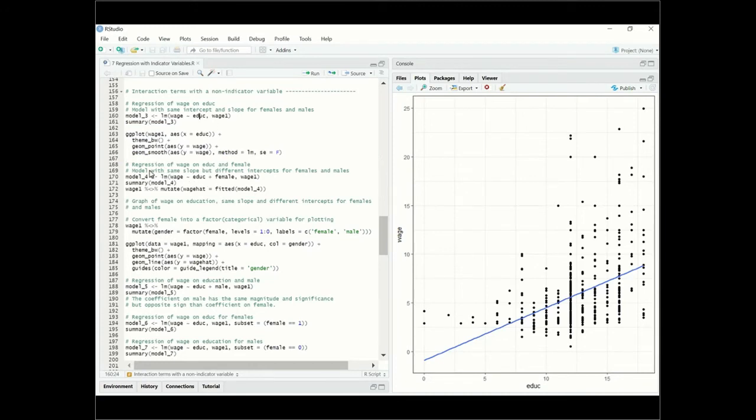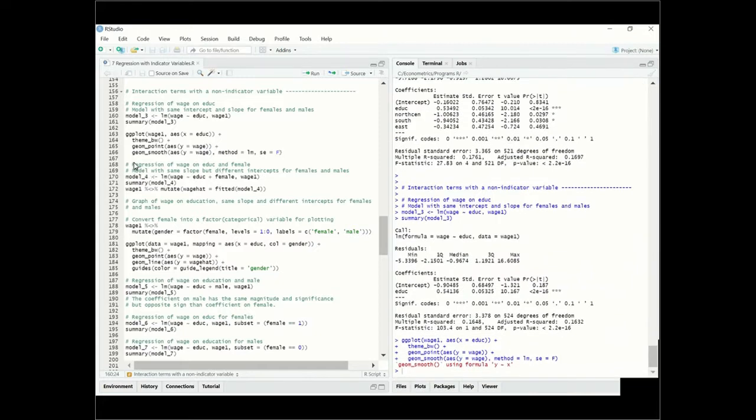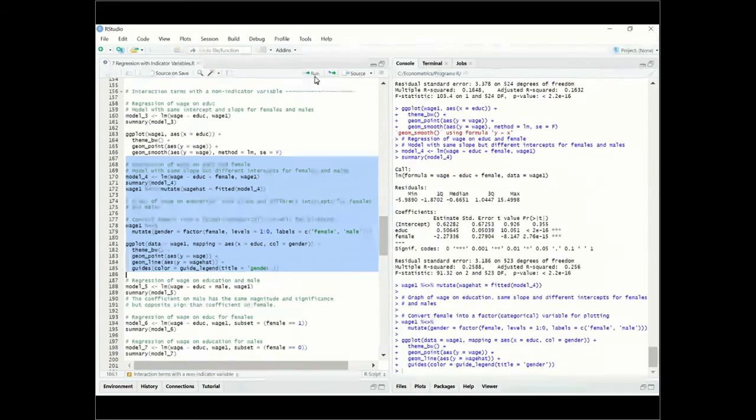Okay, so now let's run a regression of wage on education and female. So let's run this model and summarize it. Okay, so this is how this model looks.